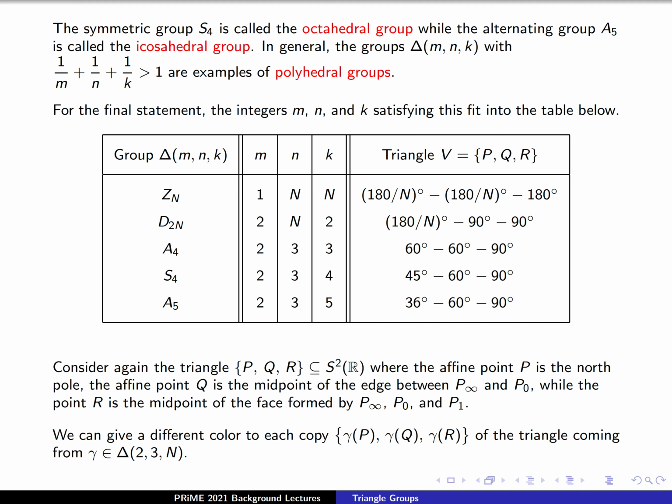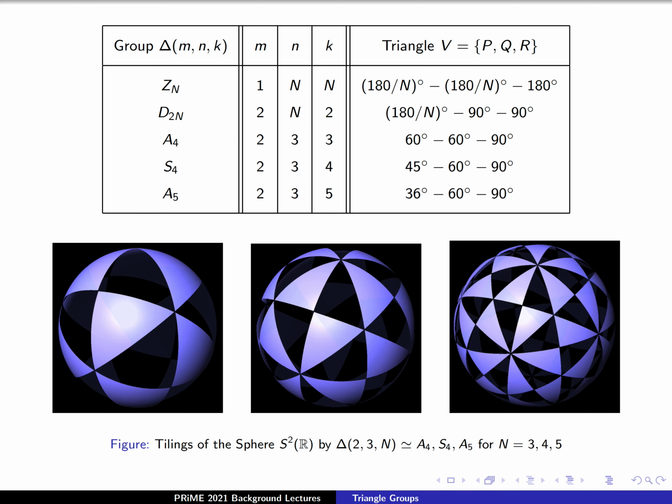We can consider these triangles and now try to draw them to see what happens on the surface of a sphere. Here are the pictures. On the very left, you can see we have a 60, 60, 90 triangle. This corresponds to m equals 2, n equals 3, and k equals 3.